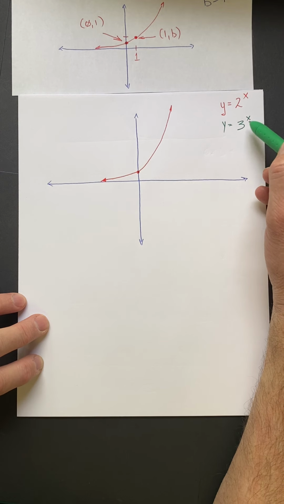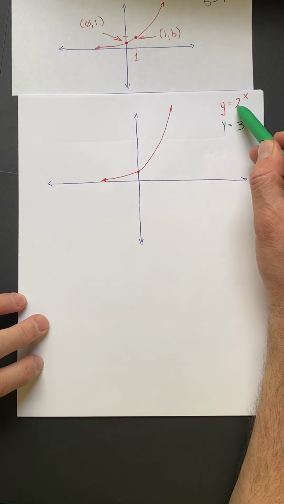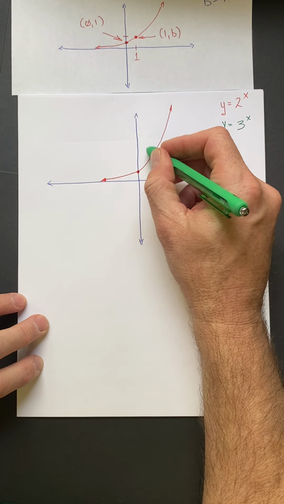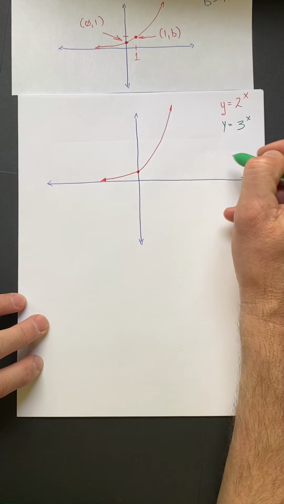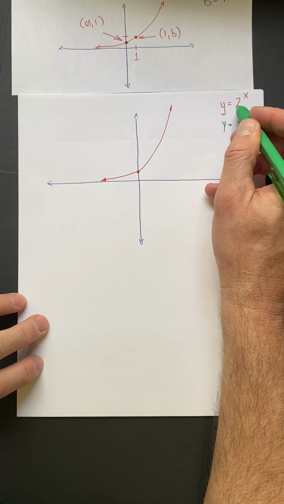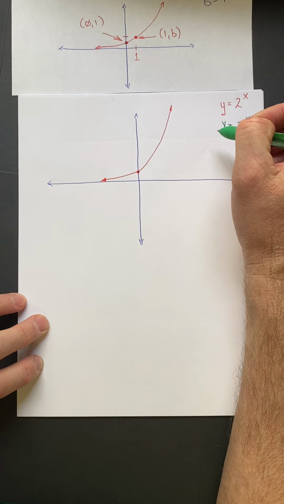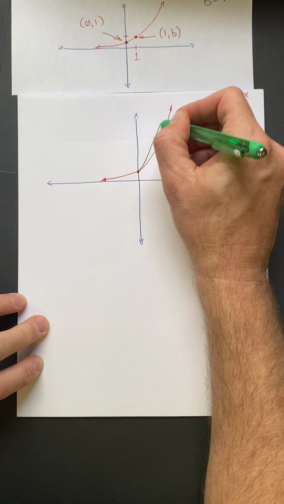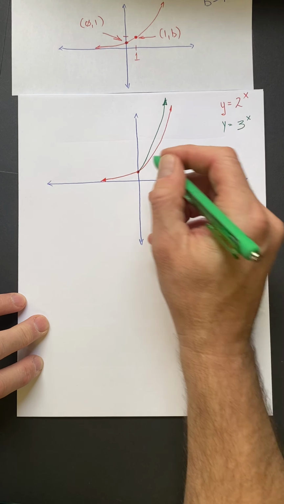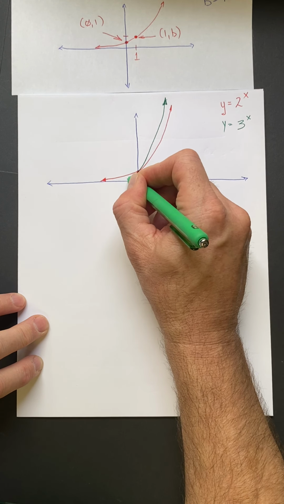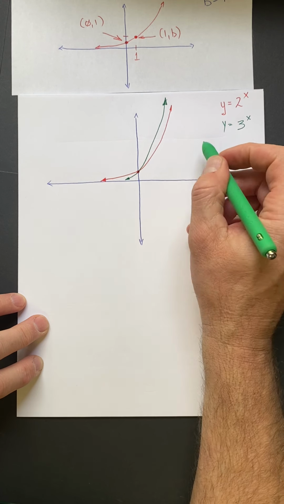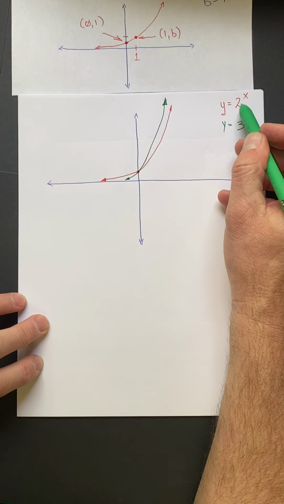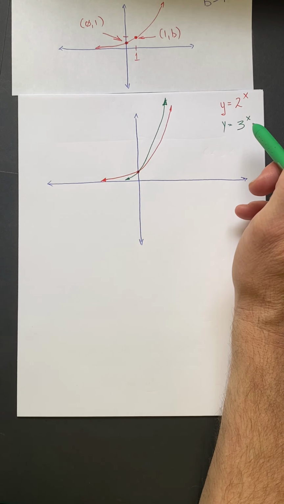My base is bigger. At x = 1, y is 2 for the first function, and y is 3 for the second. So this one is going to be above y = 2^x on the right-hand side of the y-axis. And on the left it's going to come down and approach the x-axis faster than the y = 2^x curve would.